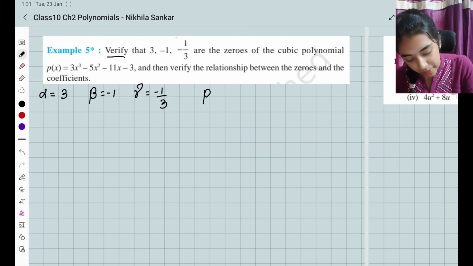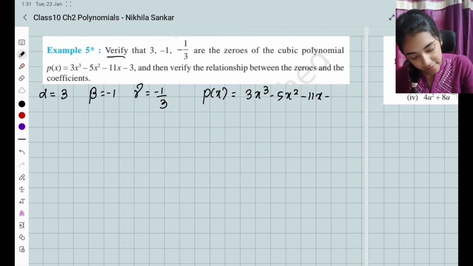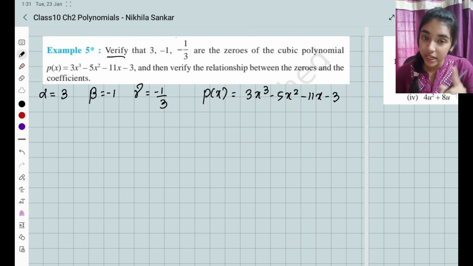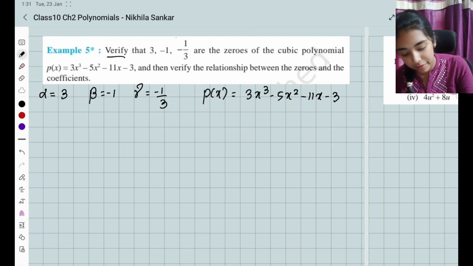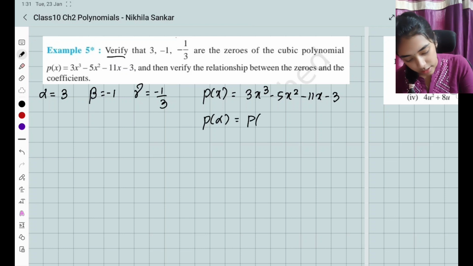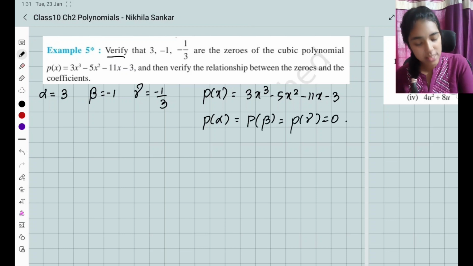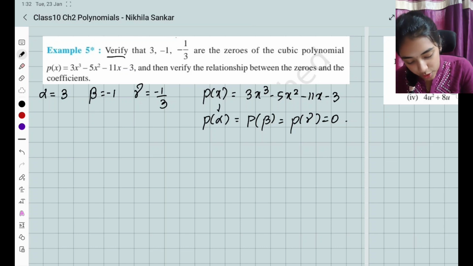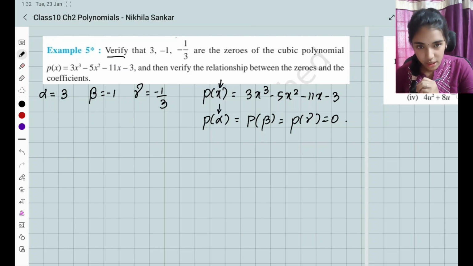So you have p of x given as 3x cube minus 5x square minus 11x minus 3. If you have to verify that they are the zeros, you have p of alpha equals p of beta equals p of gamma equals 0. If you substitute alpha instead of x, you have to get a 0.